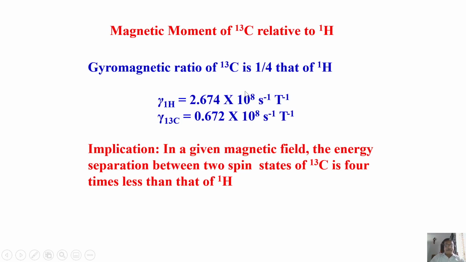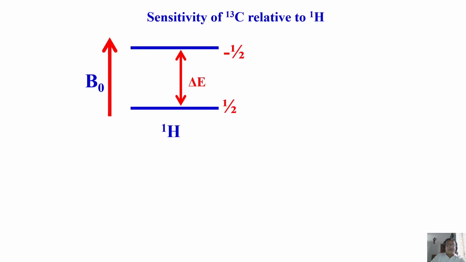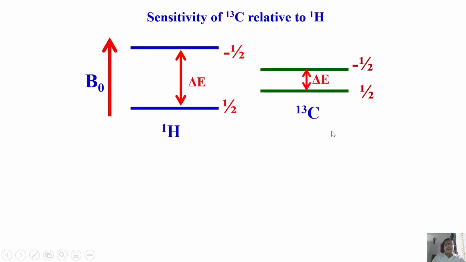What does it mean? Gamma being 4 times less means, as we discussed in the very first class in spin physics, that the energy separation of carbon is 4 times smaller than that of proton. This is the energy separation of carbon, and this is the energy separation of proton. This is 4 times less.